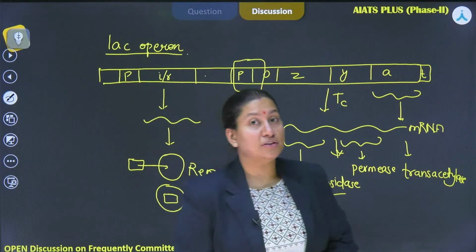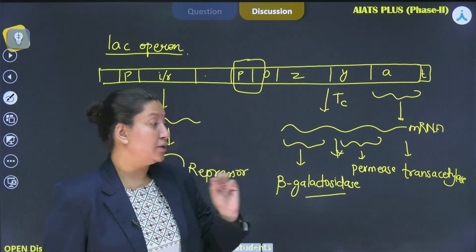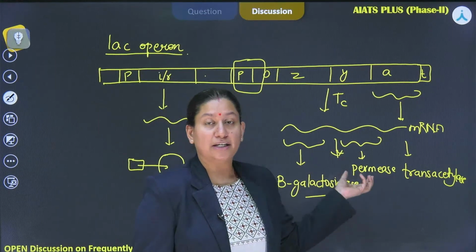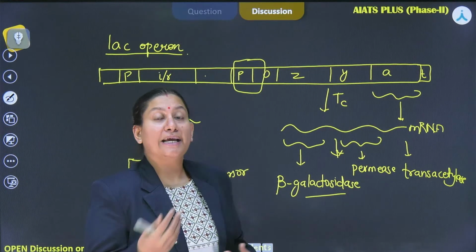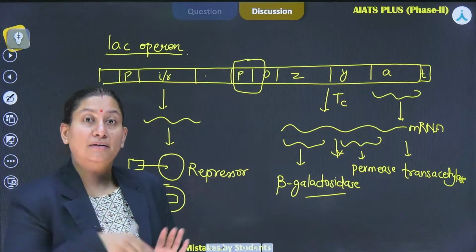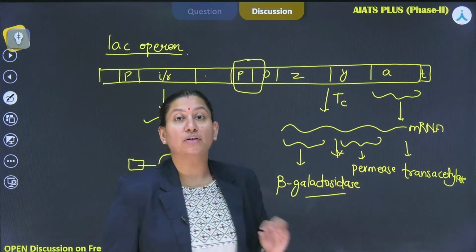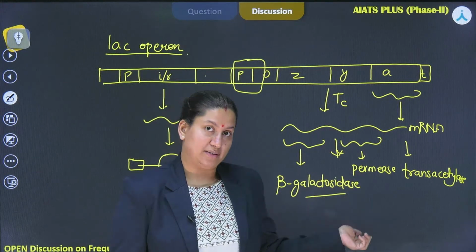If there is lactose in the medium, there will be expression, right? Why I am telling you that detail is because when permease is not there, how is the lactose going to enter into the cell? So in case initially a little bit of lactose present in the medium could enter into the cell, this permease is required inside the cell, and because of that, that minimal expression is present, right?